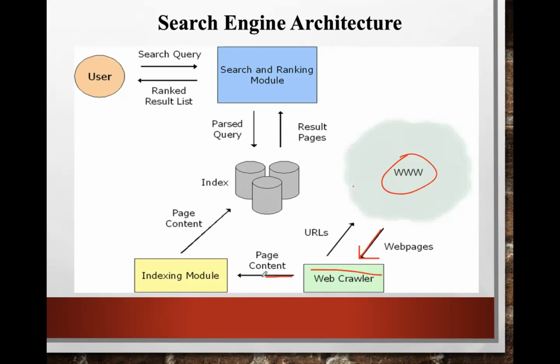The data or page content which is collected here is stored in the form of a database for the process of indexing. This process is also called text acquisition: collecting data and storing it in the form of a database. Then the collected data is broken down into tokens or keywords.